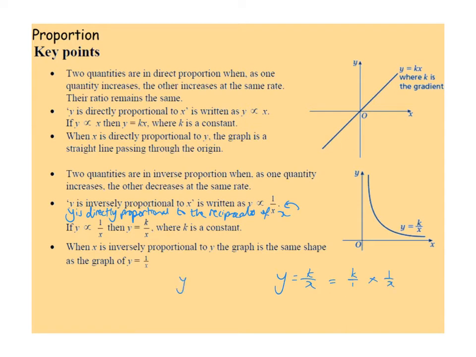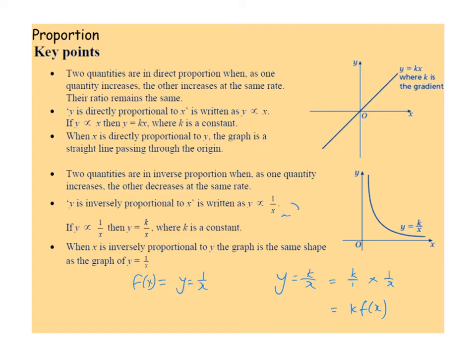So if I started with y equals 1 over x as my function of x, then this would just be k f of x, which is a stretch parallel to the y-axis. So you would stretch out this graph by a scale factor, and so it would always retain the same shape as this graph here, 1 over x, but with the scale factor of enlargement. Okay, so that's the key points.